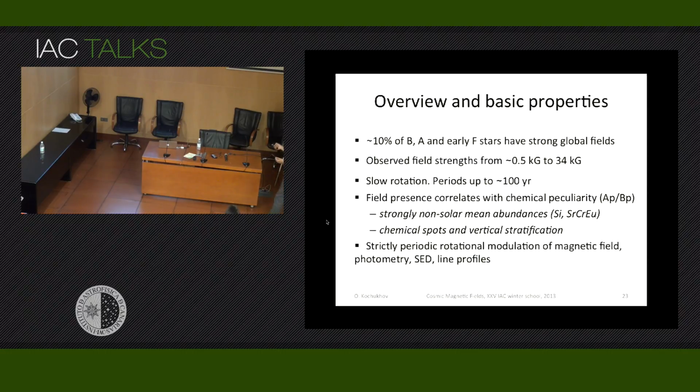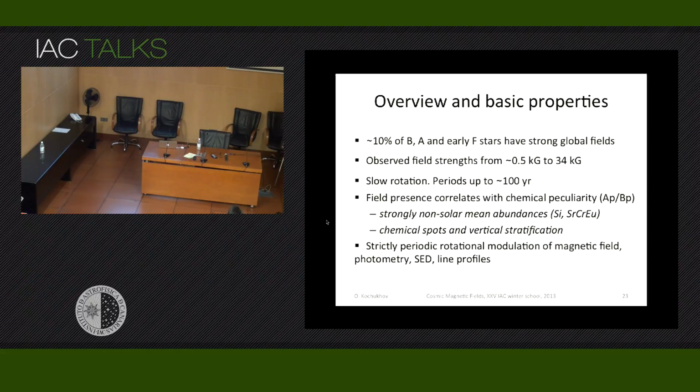And for intermediate mass stars, inhomogeneous distribution of chemical elements is a proxy of the presence of a magnetic field. So these stars tend to have very unusual chemical composition with overabundances of certain elements like silicon or heavy elements, rare earth elements, europium, and so on.